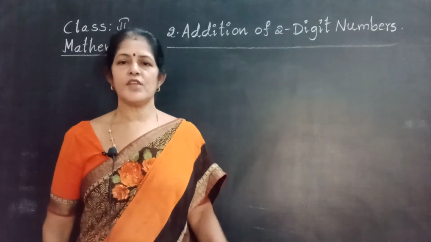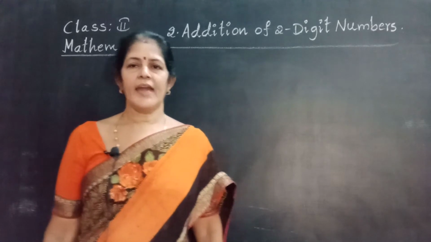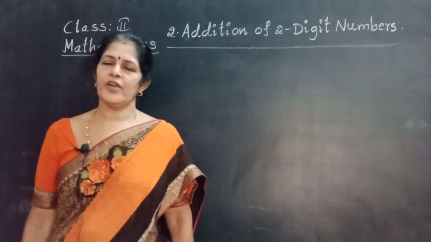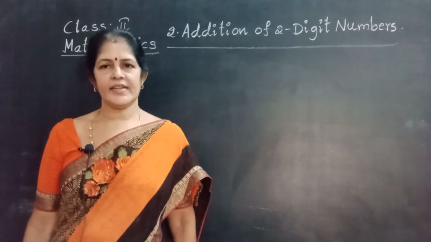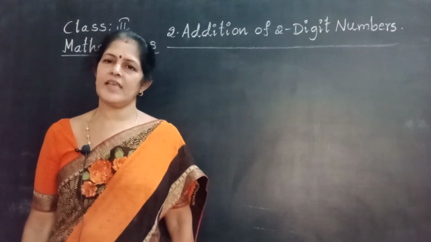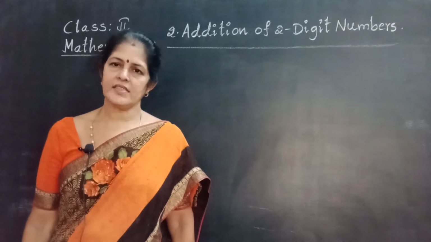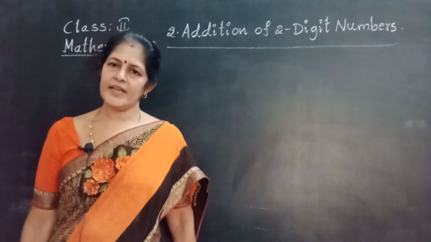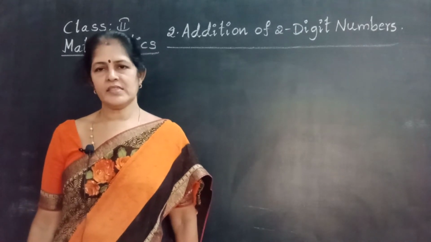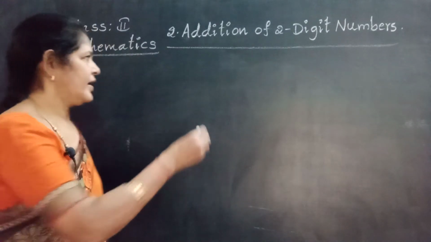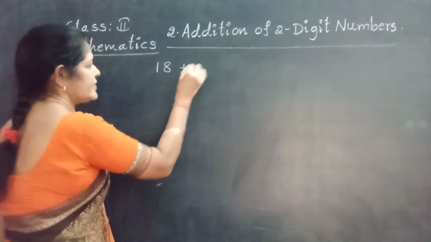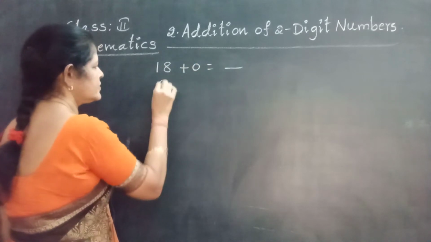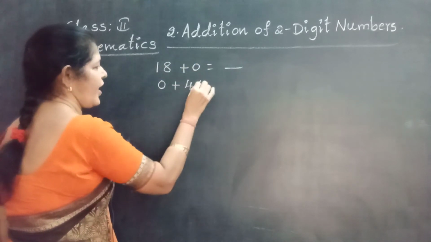And the rules of addition, that means addition facts. If we add 0 to a number, the total is the number itself. Itself means the same number. The total does not change. 0 plus number or number plus 0, we get the same number. Look at the example. 18 plus 0. 0 plus 45.